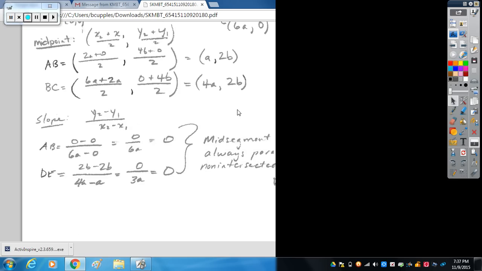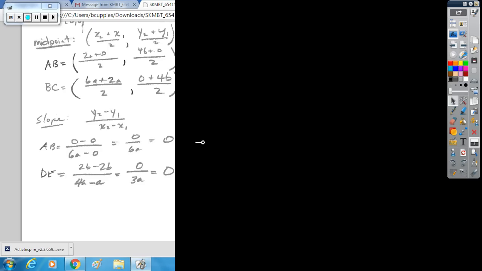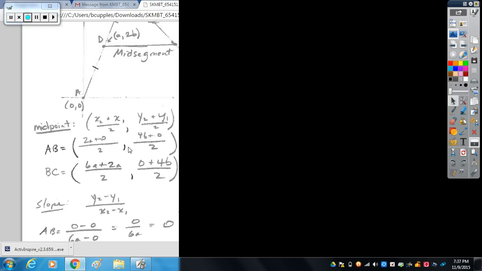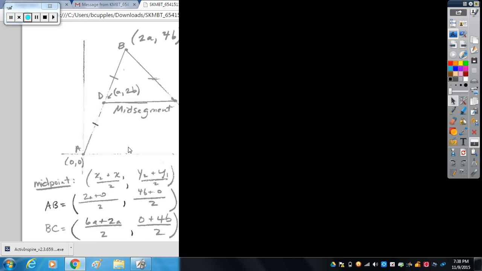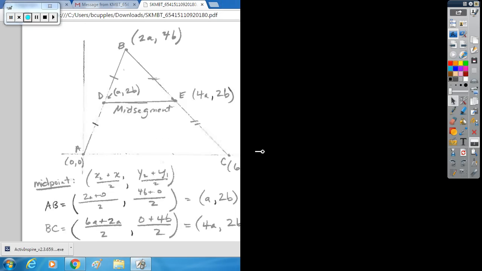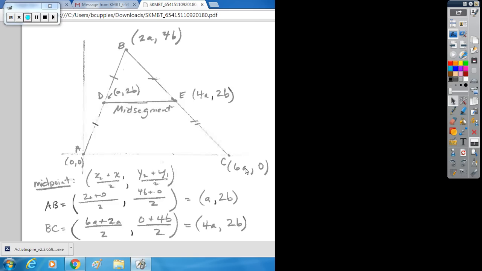Now for the slope, there's a relationship amongst the slope of these two lines here. If you look, the slope of, let's say, AC here, I'm going to take y sub 2 minus y sub 1 over x sub 2 minus x sub 1.